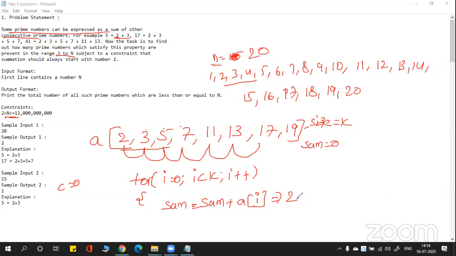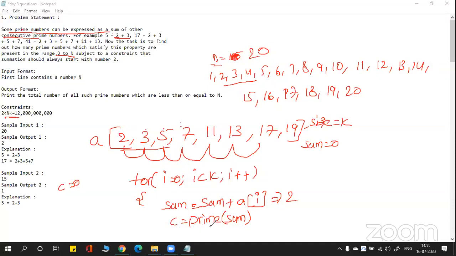After this I should check whether this is a prime number or not. If this is a prime number, I should increment. If this is not a prime number, I should not increment the count. For that purpose, let us take prime as some function; we'll write this function also. So c is equal to prime of sum.